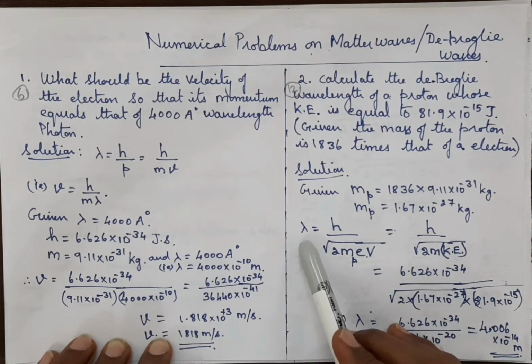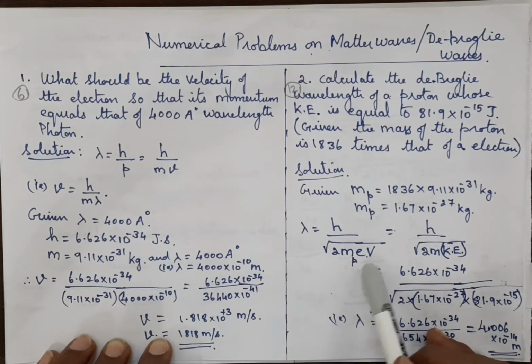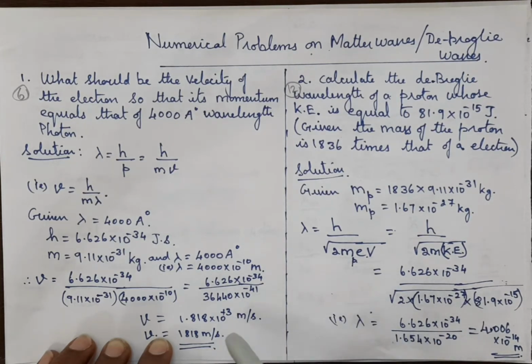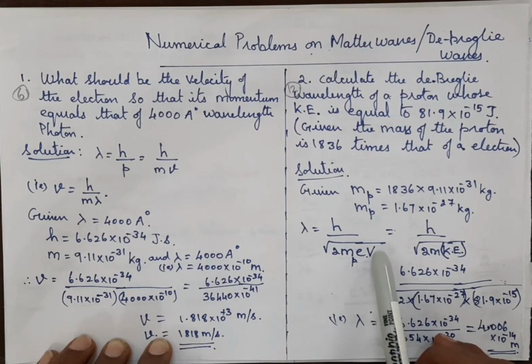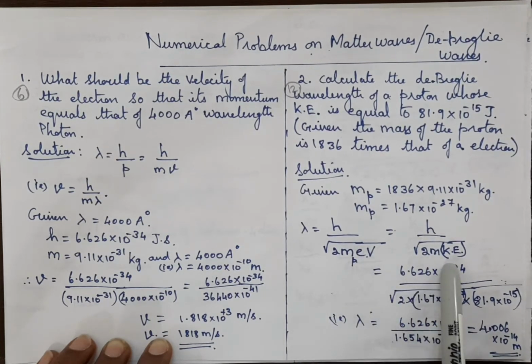Therefore we are going to calculate the lambda now. h by root of 2 m eV. m is the mass of the proton, e is the charge of the proton, and V is the potential difference applied, or we can write eV as the kinetic energy, right?